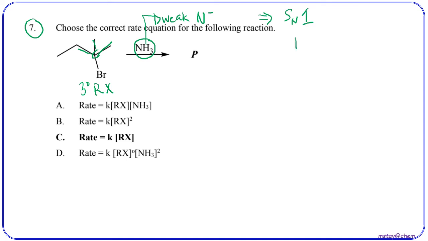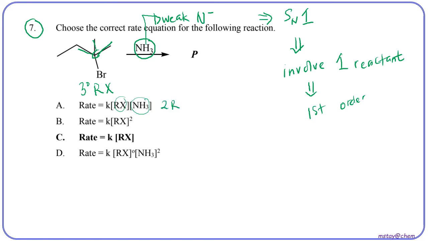SN1 involves one reactant in the rate-determining step 1, and it is a first order reaction. Option A is first order to RX and first order to NH3, so it involves 2 reactants and is second order. So answer A is out.